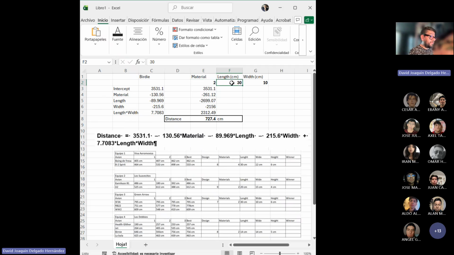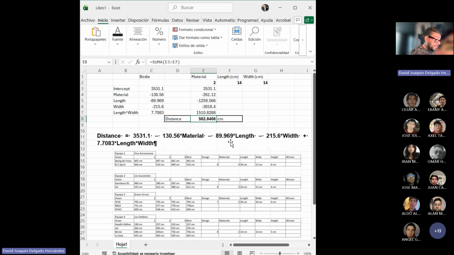So length 14 and width is 14 as well. The predicted distance is approximately 5 meters. And let us see the actual data. It was 593, 756, and 756. So perhaps for the very first measure this is close, but the others are far apart, okay? They are not so close.